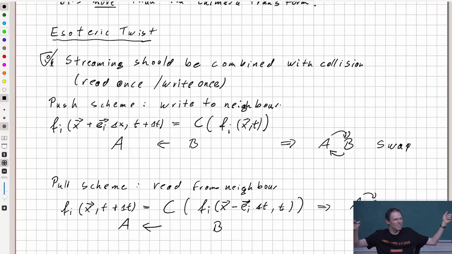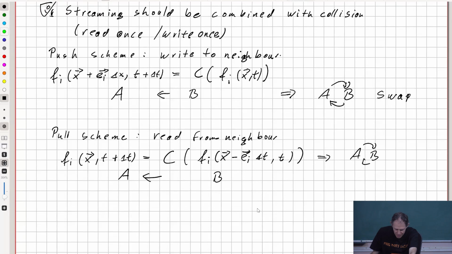So in this case, especially on GPUs, pulling is better than pushing, but it depends on your hardware. Okay, if you don't know, then pull is often faster than push.